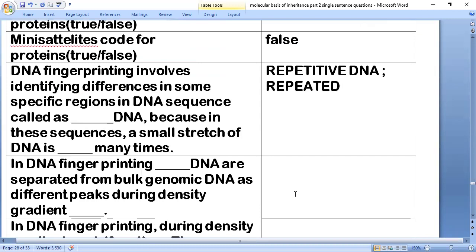Here, in DNA fingerprinting, repetitive DNA is separated from bulk genomic DNA as different peaks during density gradient centrifugation.